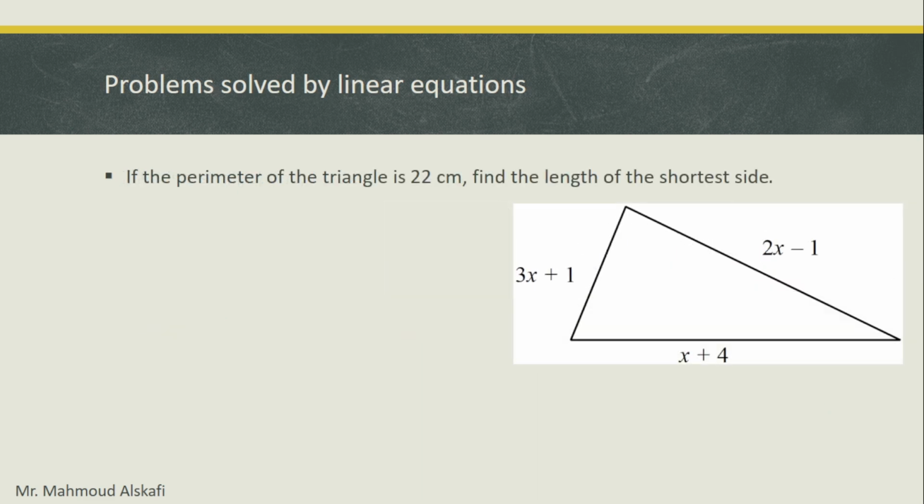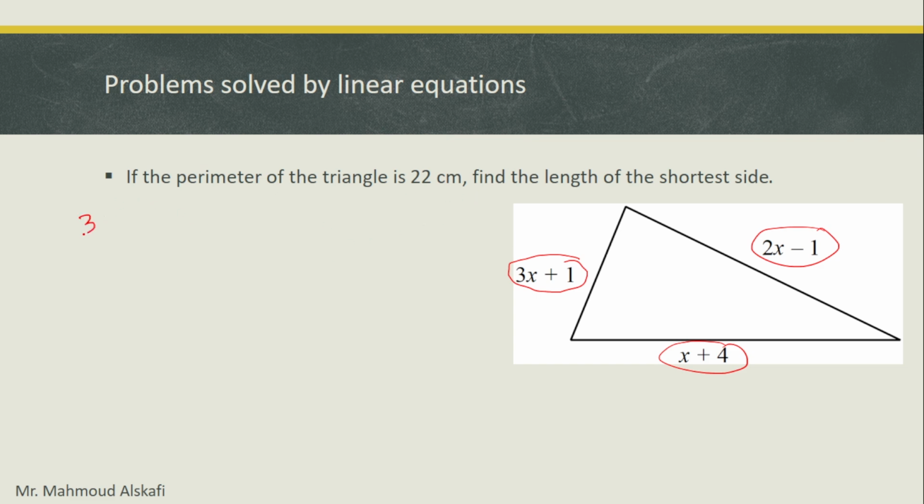Okay, now this is a question about problems solved by linear equations. If the perimeter of the triangle is 22 centimeters, find the length of the shortest side. Here we have the perimeter. If we need to find the perimeter of any shape, we add all of the shape's sides. So this side plus this side plus this side should equal 22 centimeters.